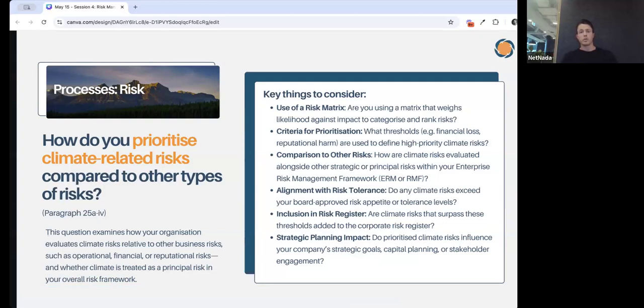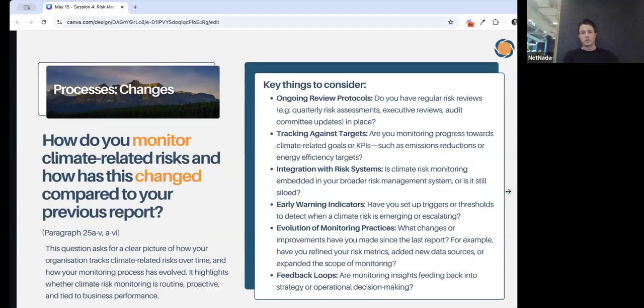And we also want to make sure that we're all clear and aligned on our risk tolerance, and that is so important that it is linked to the board as well. Remembering back to the start of this session, one of the issues that we often see is the sustainability team is a little bit siloed, and they don't have that clear dialogue with the finance team and the broader departments within the business. And this, of course, includes the board. And then lastly, inclusion on the risk register and strategic planning.